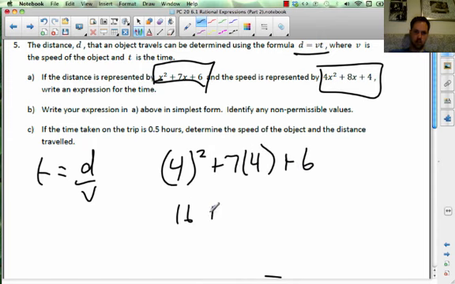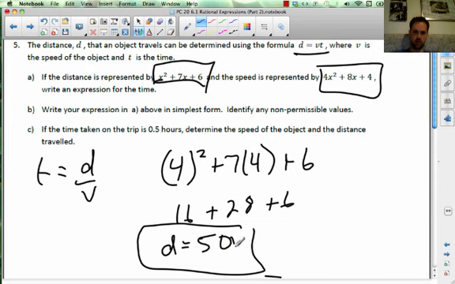So this is 16 plus 28 plus 6, 16 and 34, and our distance is 50. And of course they don't give us units, so we'll just leave it as 50 units.